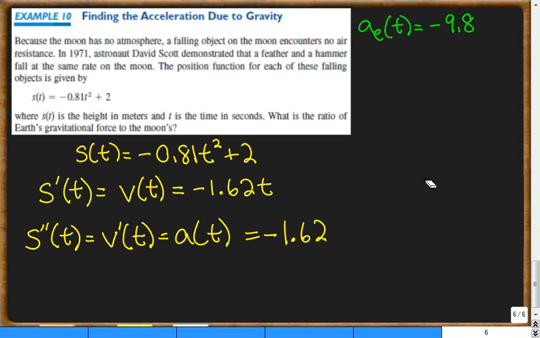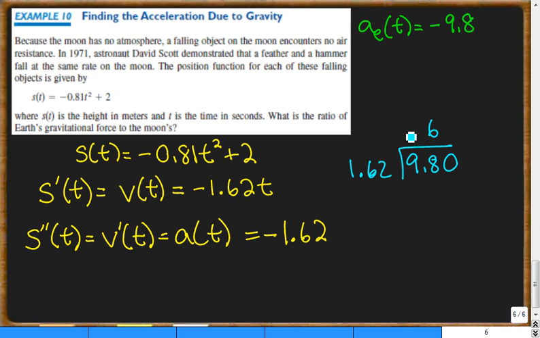So for the sake of argument, because they're both negative, I'm just going to go ahead and do 9.8 divided by 1.62. So 16 goes into 98 6 times.